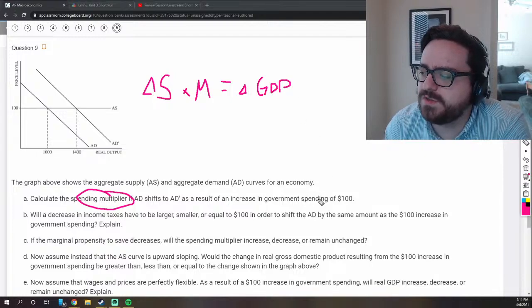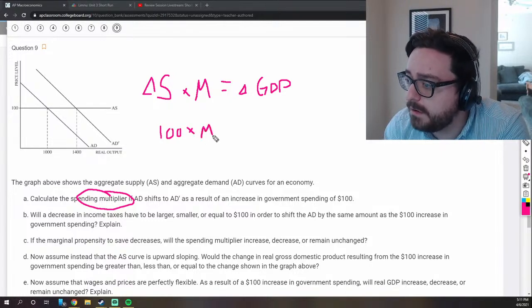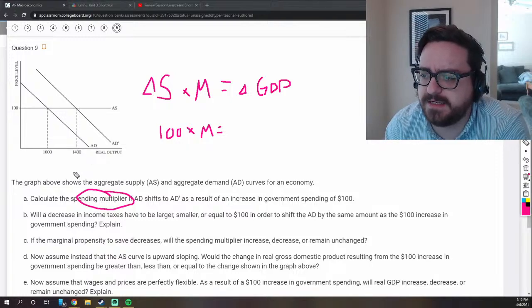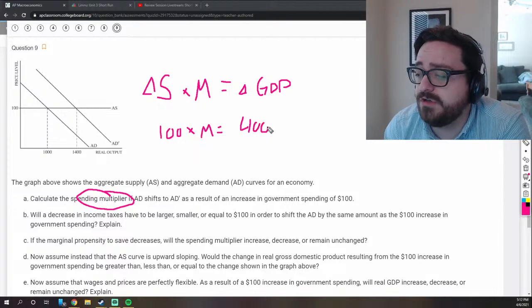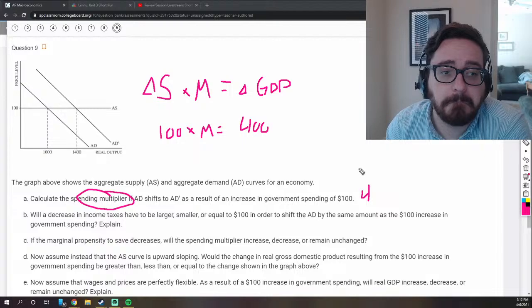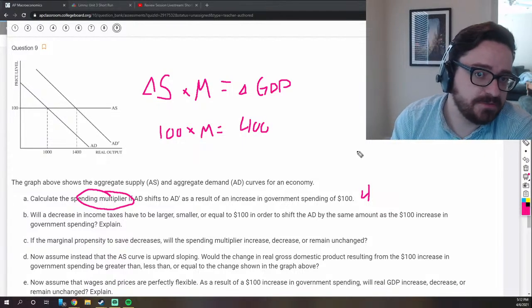It says there was a change in spending of $100. I am solving for M. The change in GDP, how much did GDP change by from this spot to this spot? Well, looking down there, 400. So that one's just 4. Okay. That's not too bad.